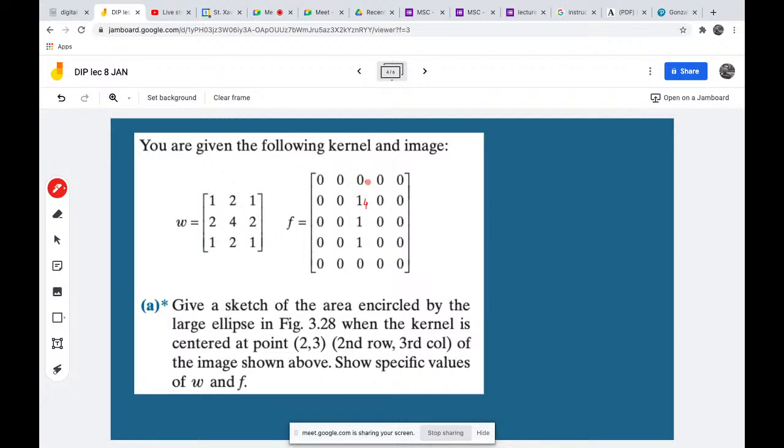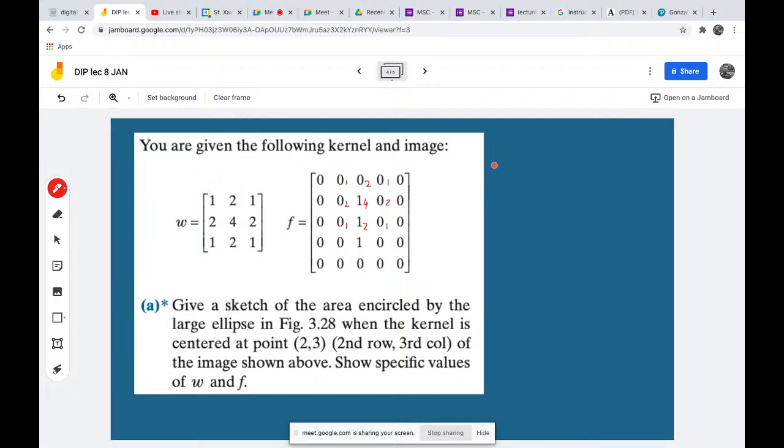So 2 goes here, 1 goes here, 2 goes here, this 1 comes here, 1 comes here, 2 comes here and 1 comes here. That's how the kernel will fit.